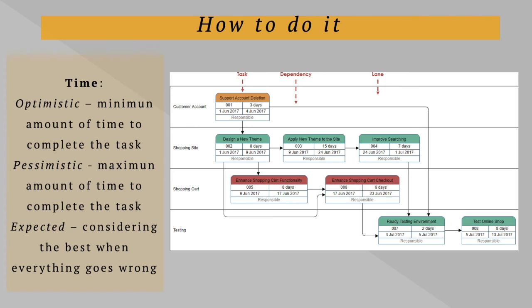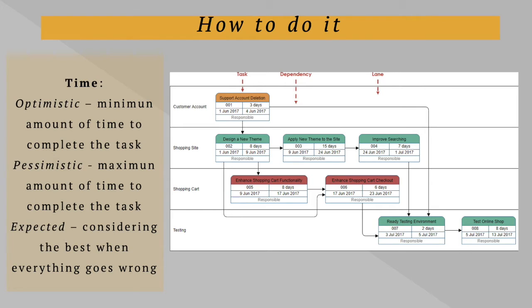Continuing with time in the PERT chart, there are 3 ways to sort it in the diagram. As we can see here, the first one is the optimistic, which is the minimum amount of time to complete the task. This is if we have all the resources and all the availability of our personnel, that is the time that it is going to take for the tasks to be finished.